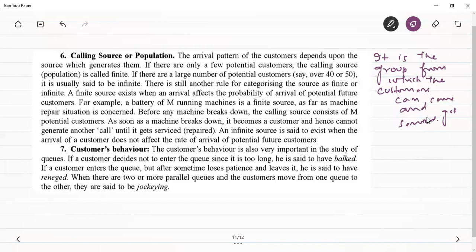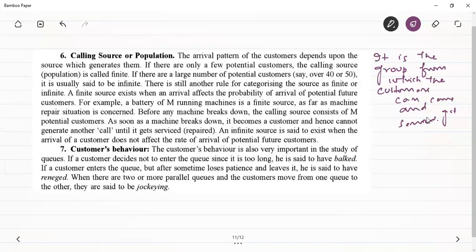सो ऑब्वियसली फॉर हिम द calling source or population is लिमिटेड और फाइनाइट, बिकॉज उसको पता है कि मेरे पास वो मशीन्स आएंगे जो इस प्रोडक्शन यूनिट में ब्रेक डाउन होंगे. ठीक है. तो रेस्टोरेंट वाले को मुझे नहीं पता है कि लोग कहाँ से आएंगे. देयर कैन बी इनफाइनाइट नंबर ऑफ सोर्सेज फ्रॉम विच द पीपल कैन कम इनटू द रेस्टोरेंट, या हॉस्पिटल में कहीं कहीं से भी लोग आ सकते हैं. ओके, so we can say the calling source or population for that is infinite.